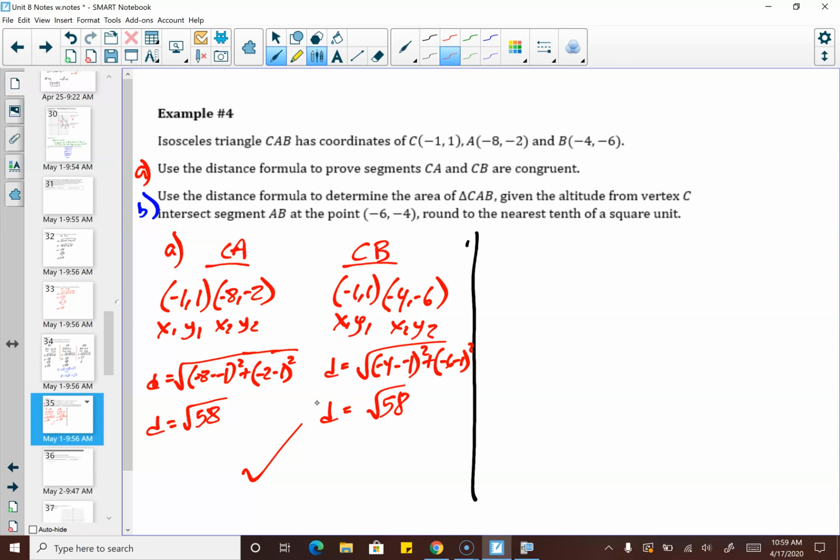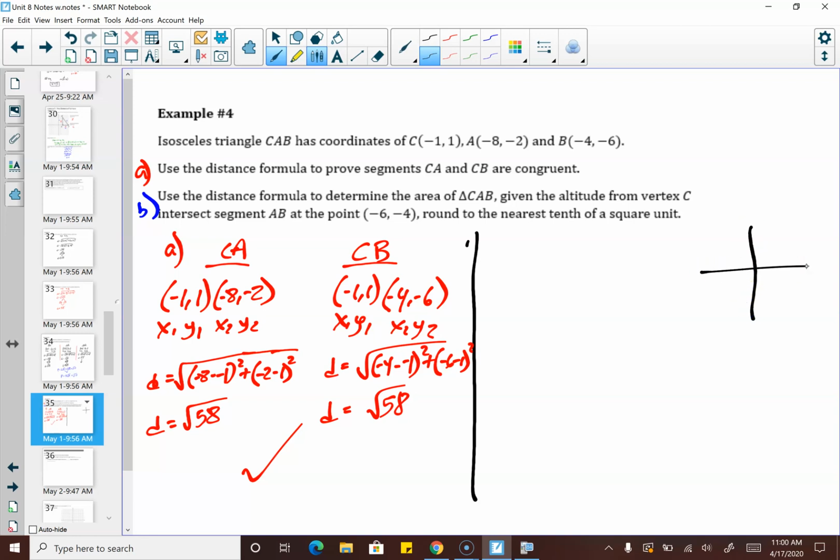So use the distance formula to determine the area of triangle CAB given that the altitude from vertex C intersects segment AB at the point -6, -4, and round to the nearest tenth of a square unit. So what I want to do here is show you in a little bit of a picture what this looks like.